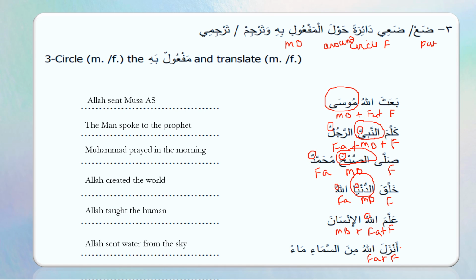Min is harf jar, from as samai. Because of the harf jar, the sama or the sky is having a kasra. So this is definitely ism majroor. So anzalallahu minas samai. What does he send from the sky? Ma'an, with fathatan. So this is our maf'ulun bihi. Anzalallahu minas samai ma'an. That means Allah sends water from the sky.